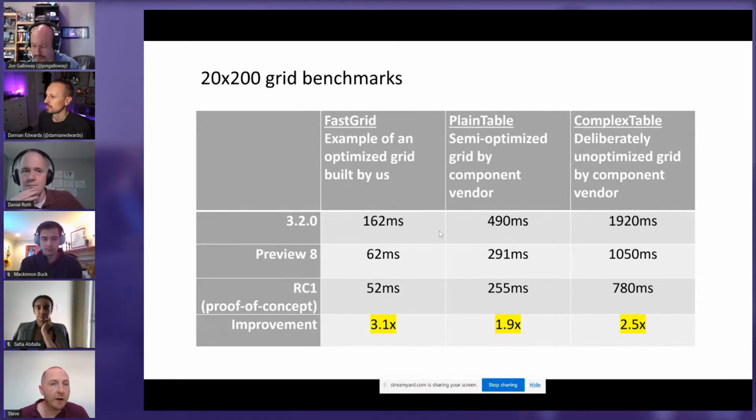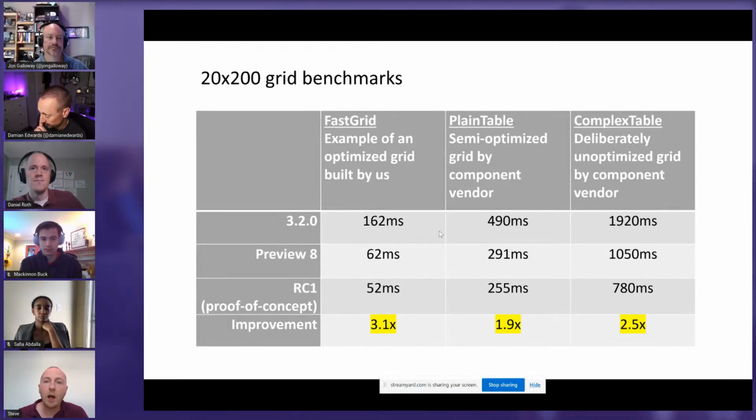We've got these 3 scenarios. We've got one scenario called fast grid, which is a really optimized grid. We've got plain table, which is a kind of average case that we think represents pretty real world code that most people would write. And then we've got this complex table one, which is just sort of outrageously unoptimized, where we've just thrown all kinds of unnecessary features in just to slow things down, even though you would not do that normally.